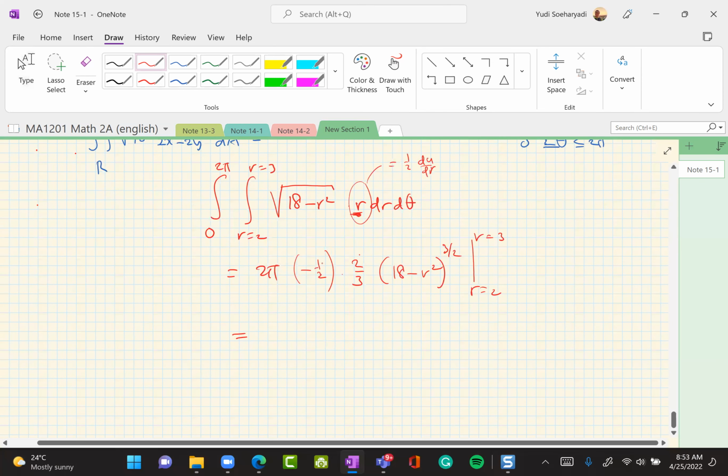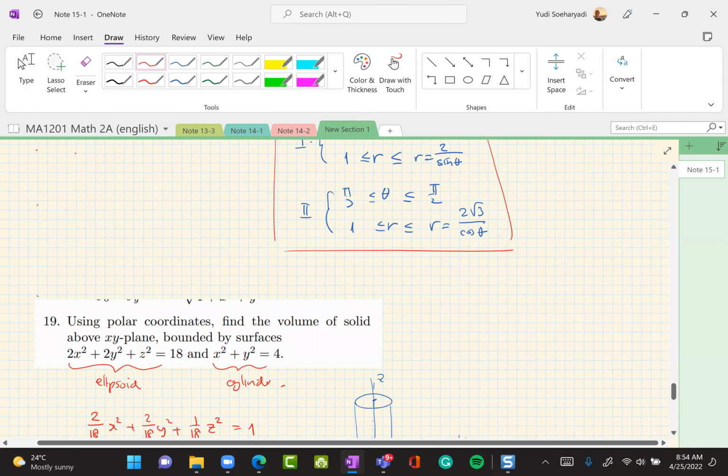So you get negative 2 pi over 3 times 18 minus whatever there. All right, so that's one example for this problem.